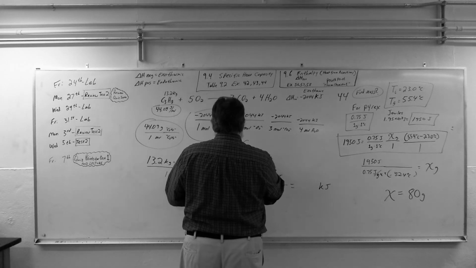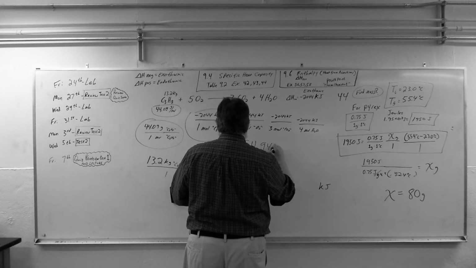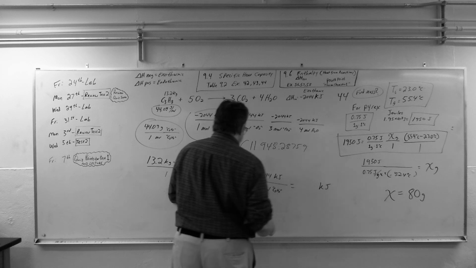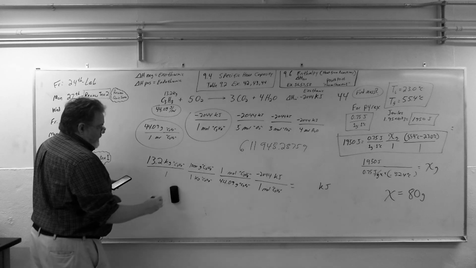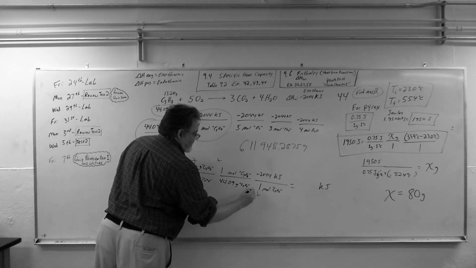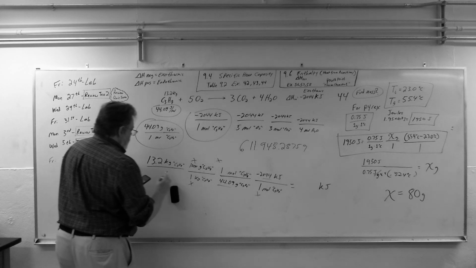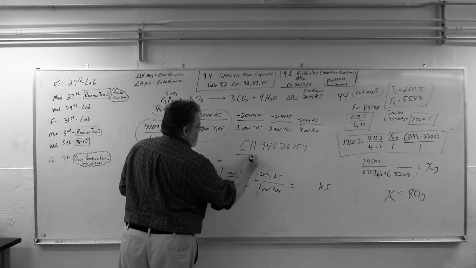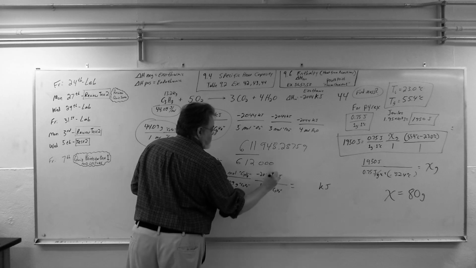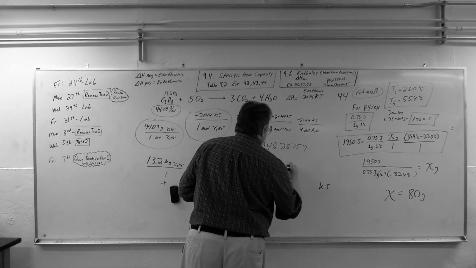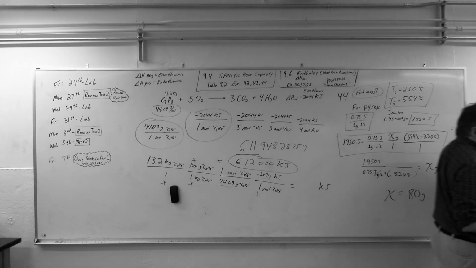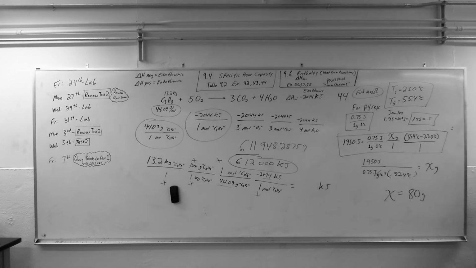The answer I get is 611,948.28759. Exact. 4 significant figures, 4, 3. So I guess I'm keeping these. So 612,000, no decimal, kilojoules. This is the example in the book, in the chapter.